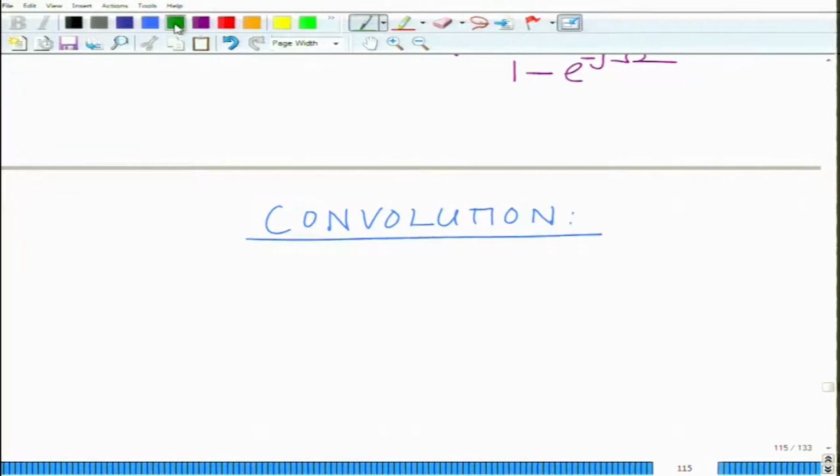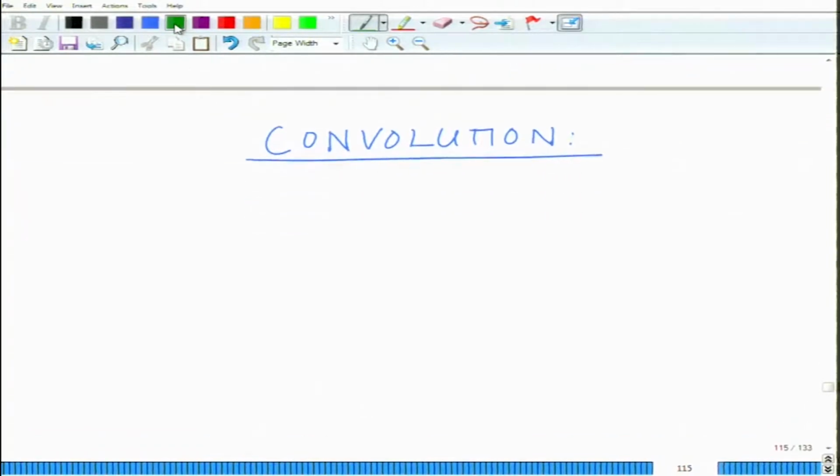And convolution is very closely related to the properties of LTI systems.